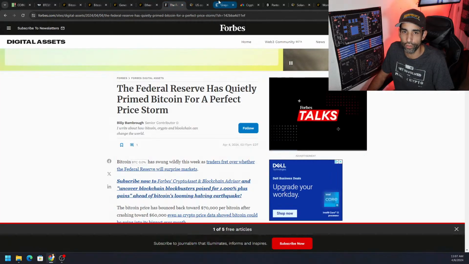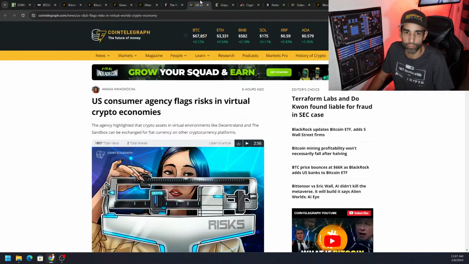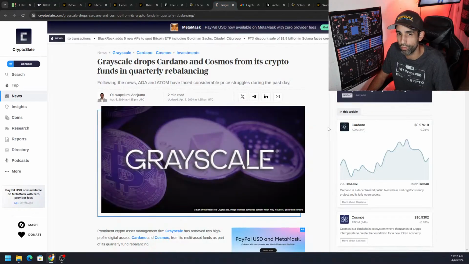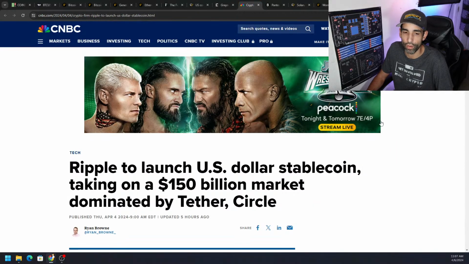The Federal Reserve is quietly pumping, kind of priming Bitcoin for the storm. U.S. Consumer Agency flashes risk in virtual cryptocurrencies. Virtual cryptocurrency and anything involved in it is highly, highly risky, and you got to know what to look for and what to look out for. Grayscale drops Cardano and Cosmos from its crypto funds. That kind of sucks for me because I got a few bags of Cardano and Cosmos.